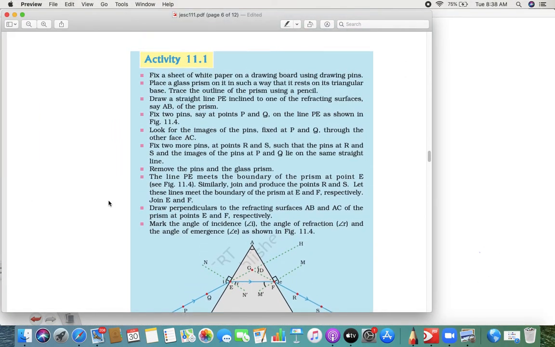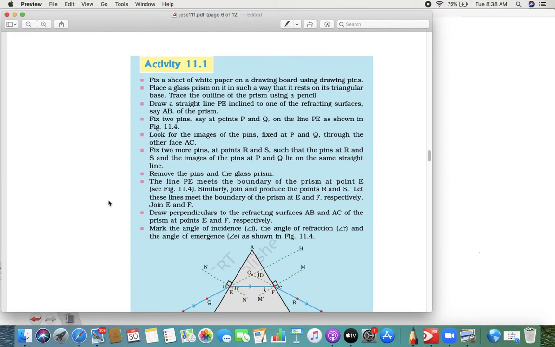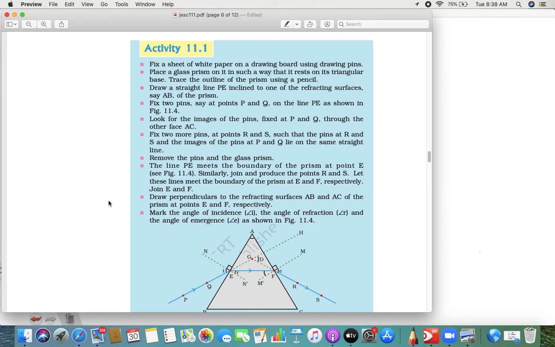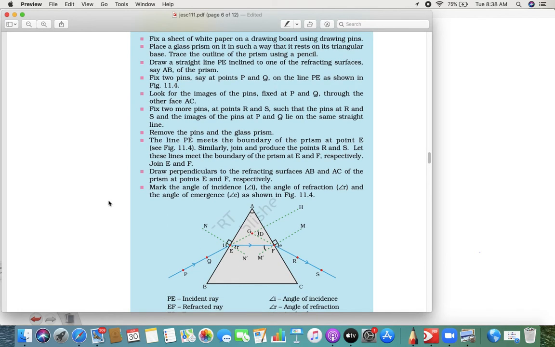See. Fix a white paper on a drawing board using drawing pins. Now take the prism and trace the triangular surface, because when you remove it, you should get a picture like what we have drawn. Put the triangular surface at the bottom and keep a rectangular surface on the side. Draw it and remove the prism.